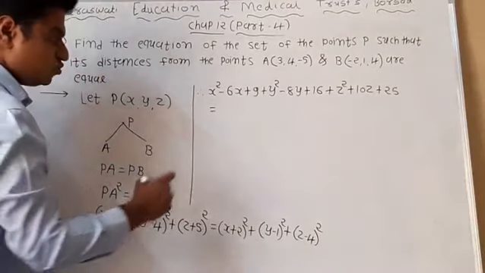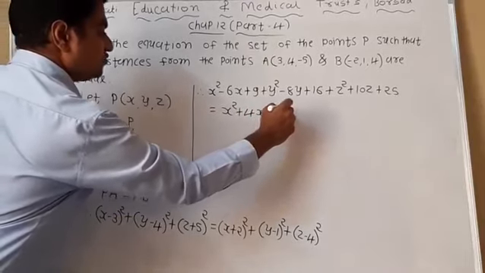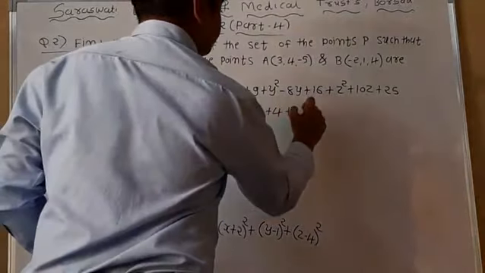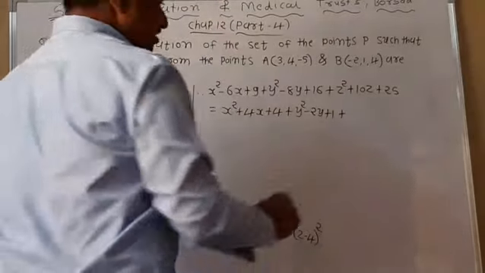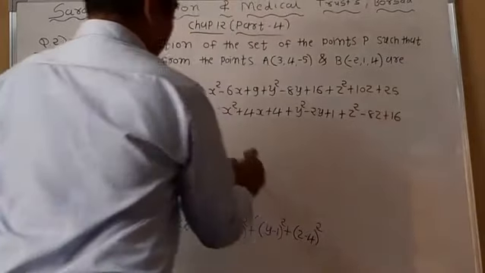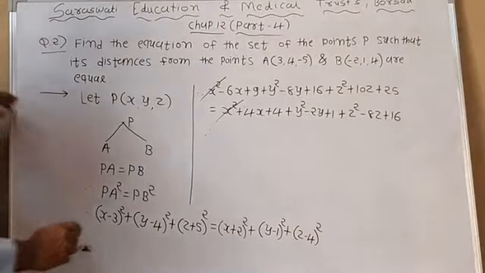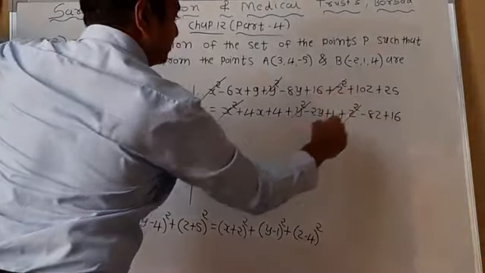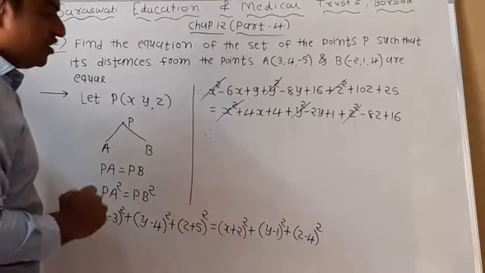So (x plus 2) whole square means x square plus 4x plus 4 plus y square minus 2y plus 1 plus z square minus 8z plus 16. Now x square cancels out on the opposite side. In the same way y square also cancels out, and z square also cancels on the opposite side. Now write the remaining terms on one side and simplify.